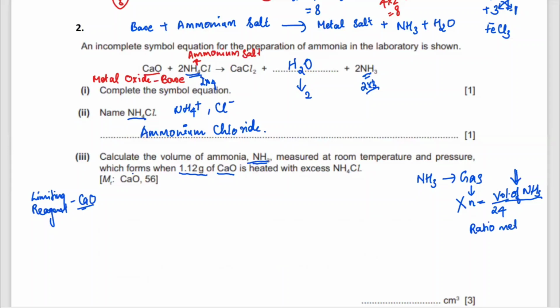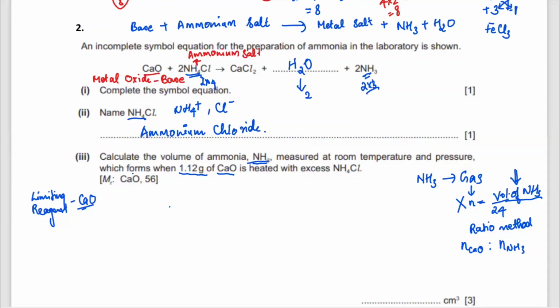In the ratio method, we will be finding out the number of moles of a known substance. So over here, the known substance will be the limiting reagent, because the limiting reagent is the one that is going to determine the amount of product formed. So the number of moles of CaO to the number of moles of NH3 will be calculated. In order to find the number of moles of CaO, what formula will be used?